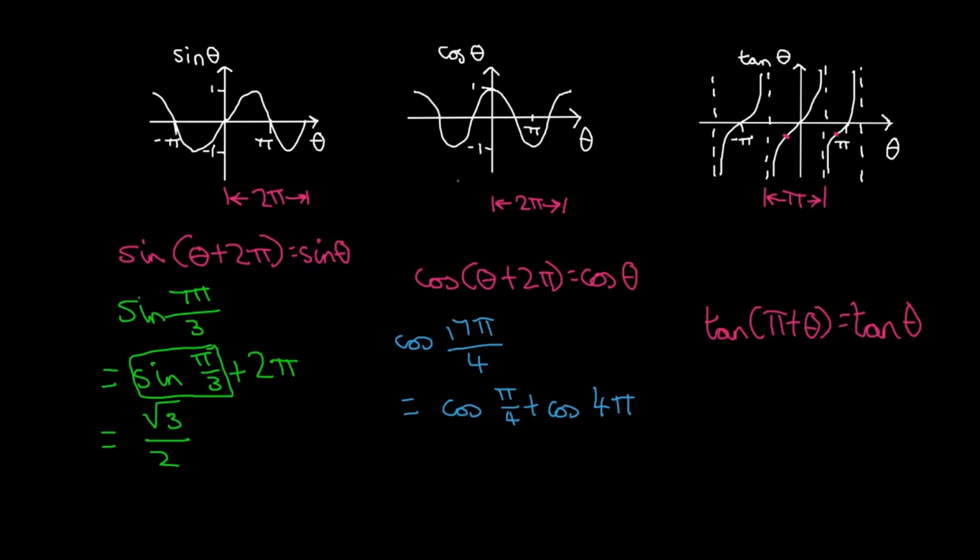But considering that this function is periodic and it has a period of 2 pi, any multiple of 2 pi is going to give us the same answer. So for all of these identities, we could say we have n here, where n is any integer. So our answer for this is simply the cosine of pi over 4, which is 1/2.